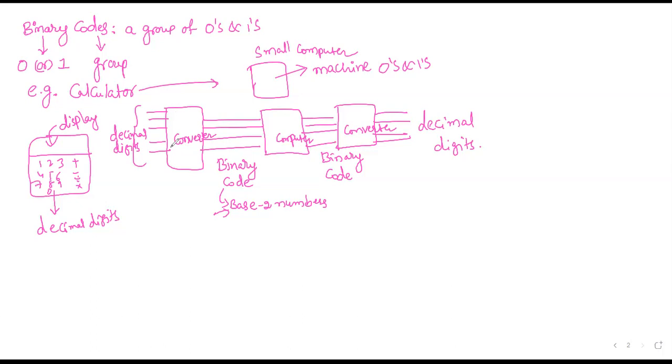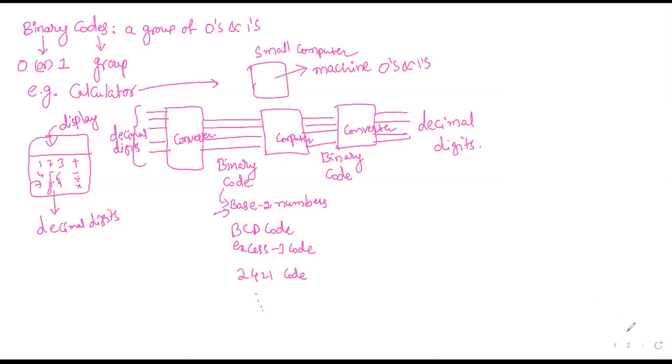Those codes are BCD code, XS3 code, 2421 code. Like this, we have so many codes. So binary code is not a unique code, and we have different types of binary code, like base 2 number, BCD code, XS3 code, like this.